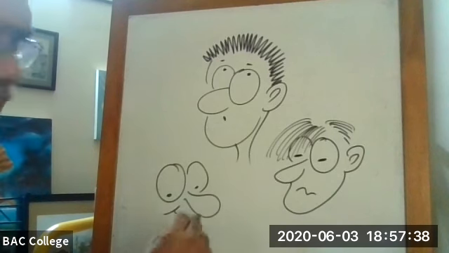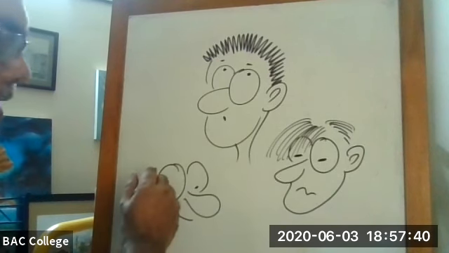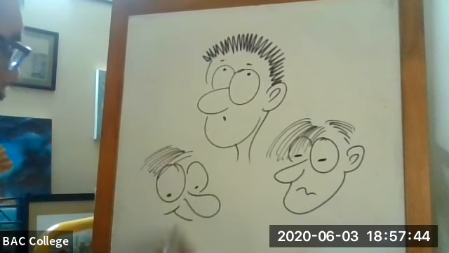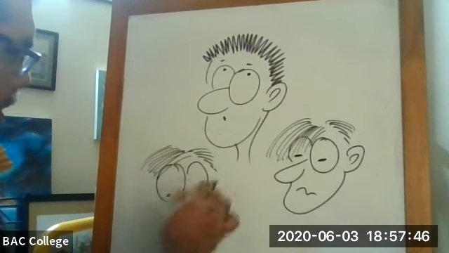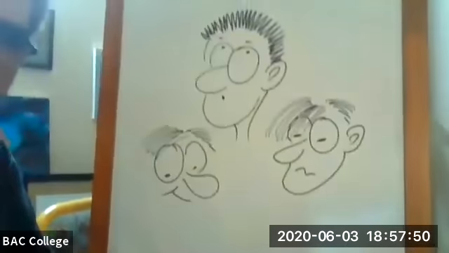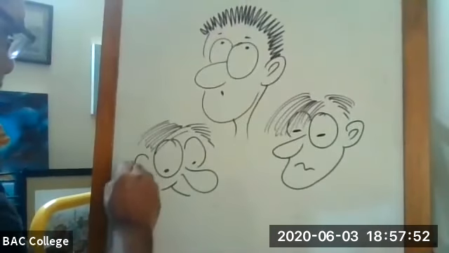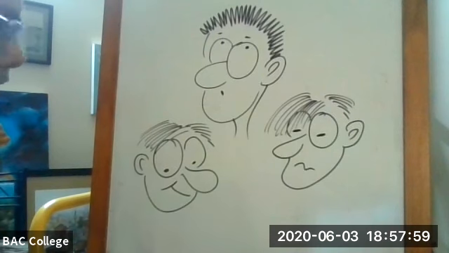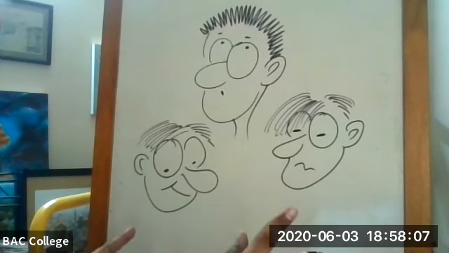Okay, and let's get the hair, and then some hair over here. All right, and then the ears and the chin. TJY saying hello. Hi, TJ. All right. Okay. Let's get one more.